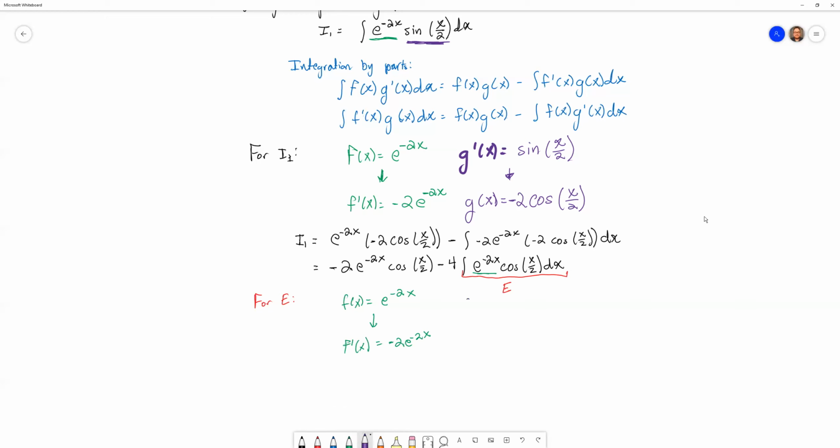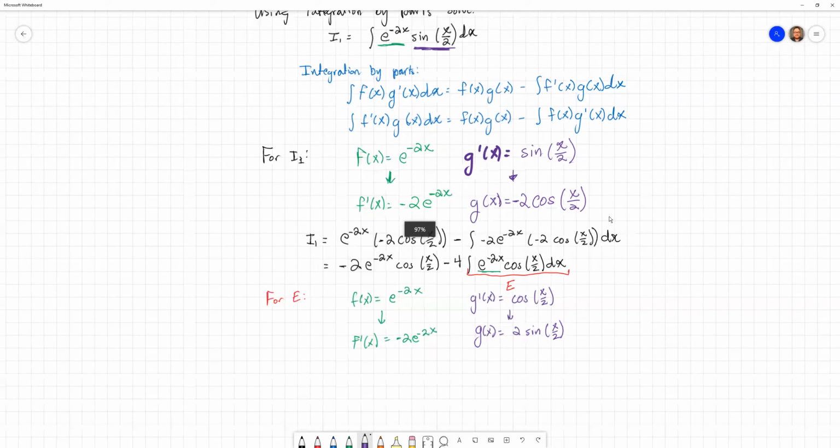And then we have g prime at x is equal to cos of x by 2, and g at x is then going to be 2 sine x by 2. And our lack of negative sign here is fine, because going from sine to cos, when we're finding the derivative, we don't have to add a negative. So we have that there.